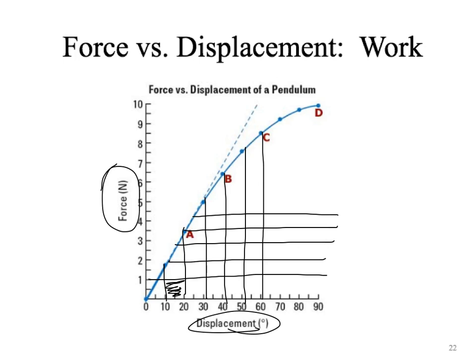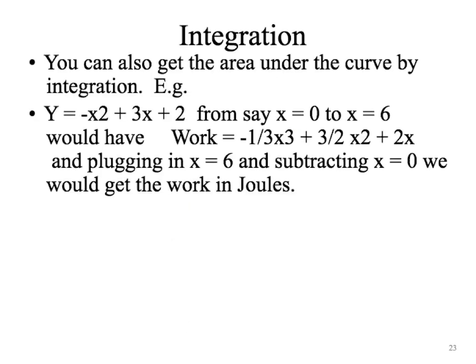What you're really just trying to do is find the area under the graph. I'm going to give you a lot of triangles and squares, so you know how to find the area of a triangle or a square. And so that's the work. Like I said, there's an integration example if you're interested, but don't worry about it otherwise.